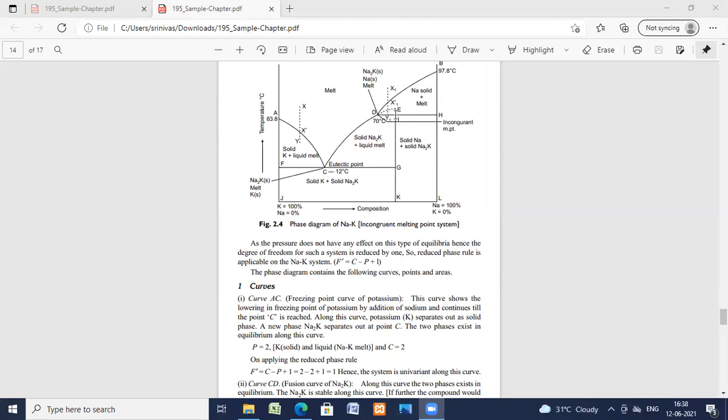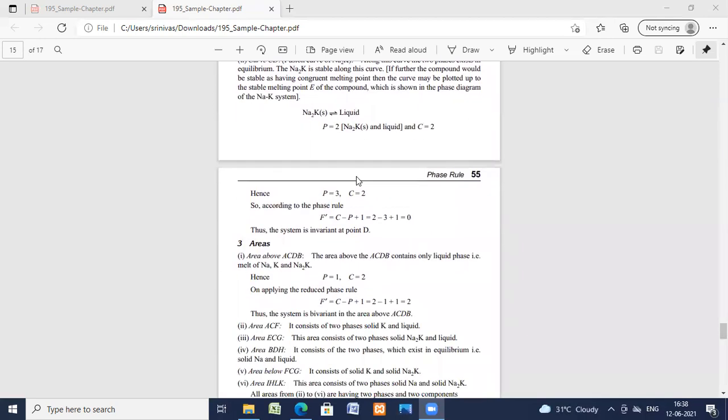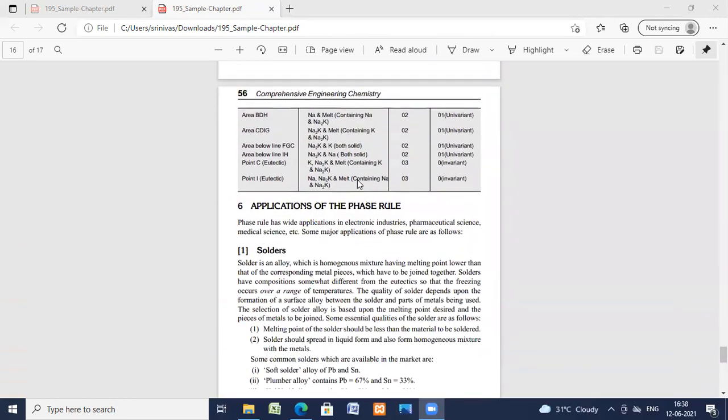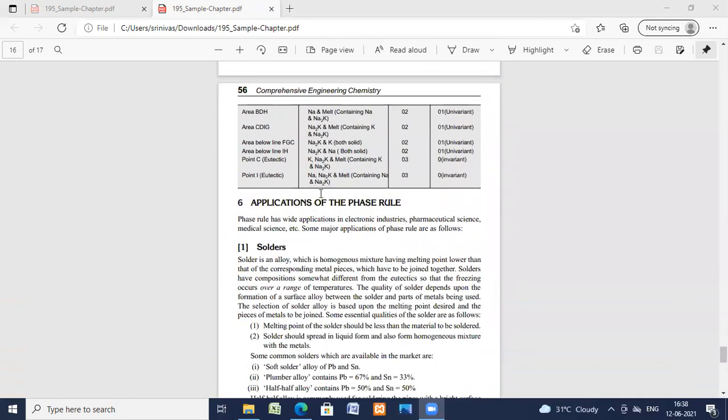And for I also you are having three phases, two components, three phases and two components. Invariant system at I. For eutectic points, P is 3, C is 2, invariant system. And similarly for D also.